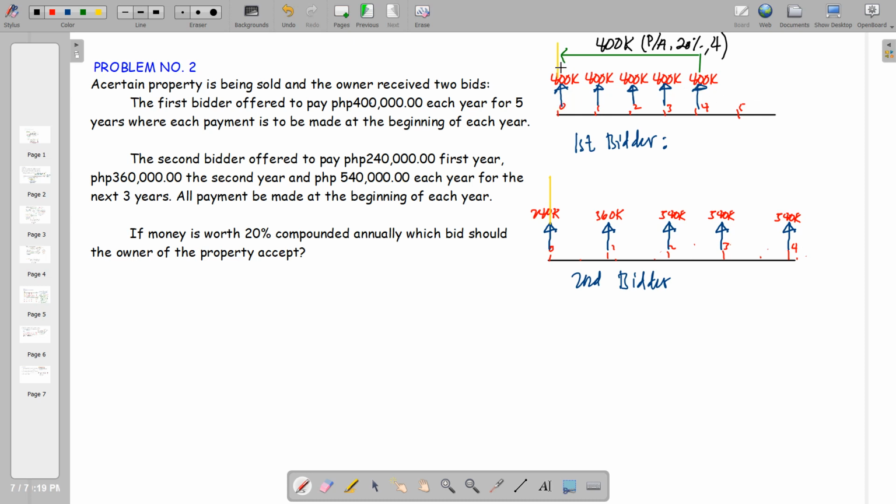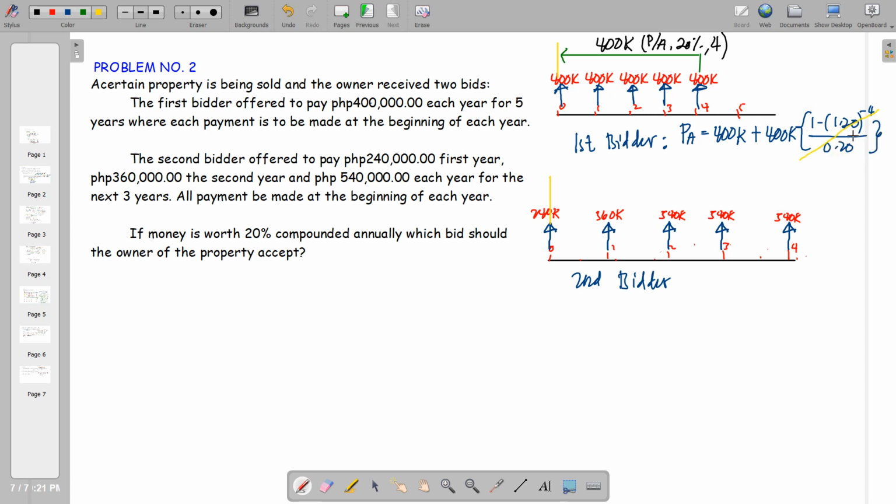So this is the approach wherein the present worth of A, say this is offer A, is equal to, initially we have A here, perhaps we can put the value here. This one, 400,000 plus 400,000 times this notation. So this is a backward arrow, so we have the formula 1 minus 1.2 raised to negative 4 all over 0.2.